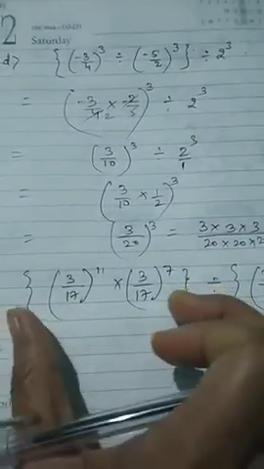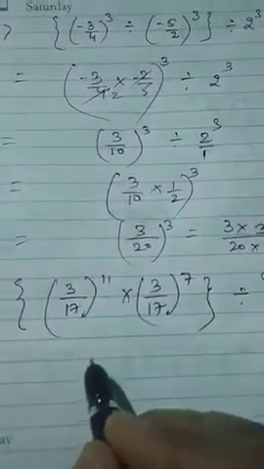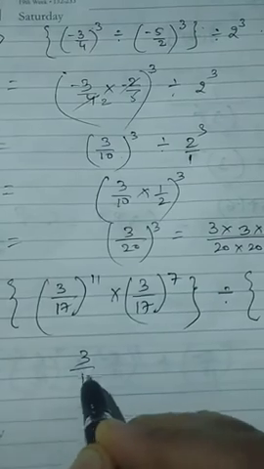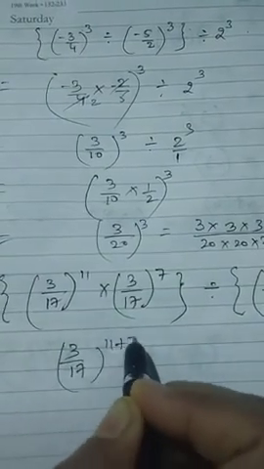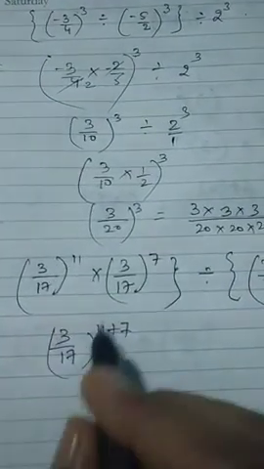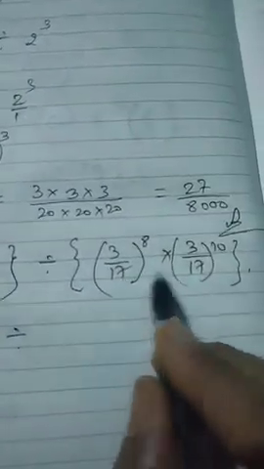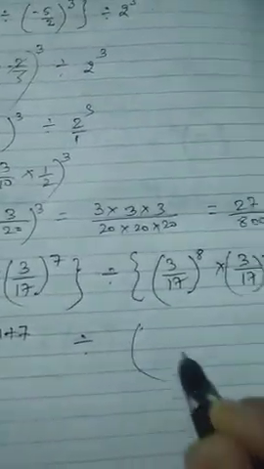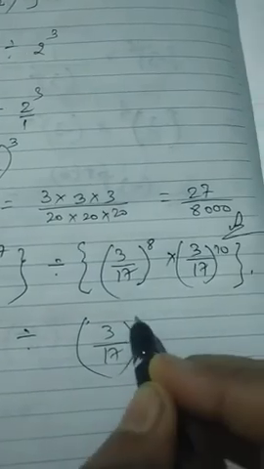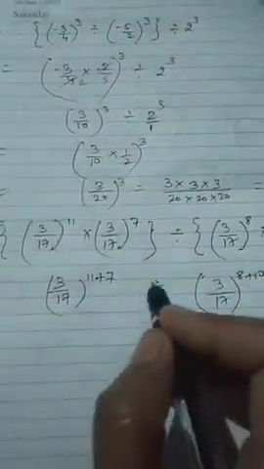First of all, this bracket work we will do. This is multiply and the base is same, so whenever the base is same, we add up the power: 11 plus 17. And divided by, again the base is same, so we will again add up the power: 3 by 17 to the power 8 plus 10.